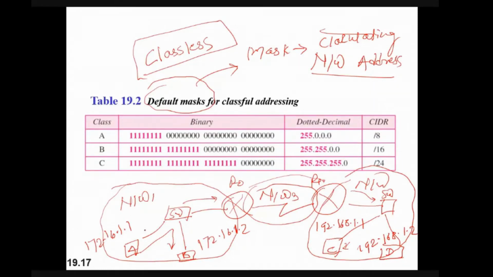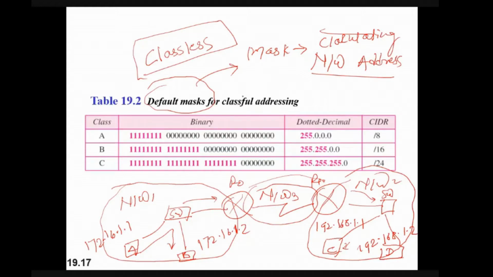If this PC is sending to this PC, the data belongs to the same network. But if this PC is sending to that PC, the data is from network 1 and is going to network 2. So these are two different networks.